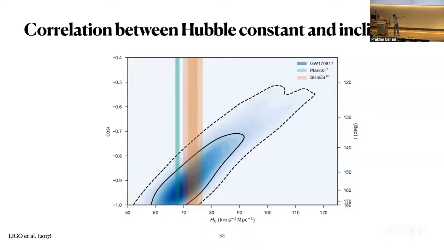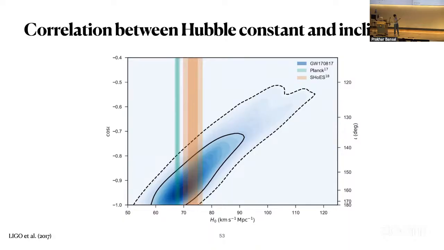There is this correlation here, which is due to the degeneracy between inclination and distance. A cosine inclination of -1 here is face-on systems, and those correspond to the smallest distances, and therefore the smallest values of the Hubble constant.